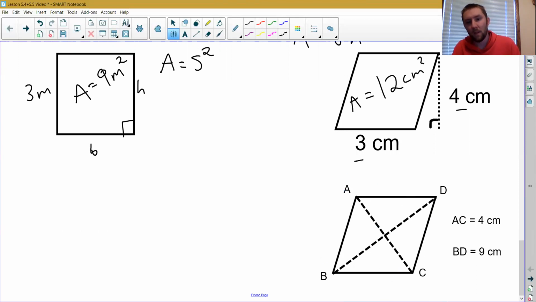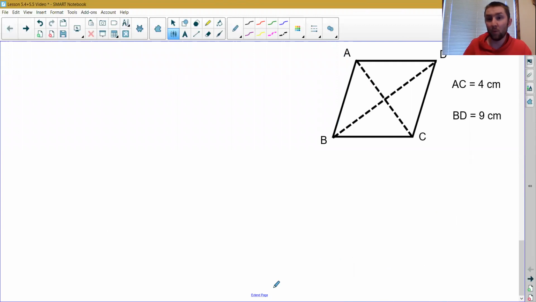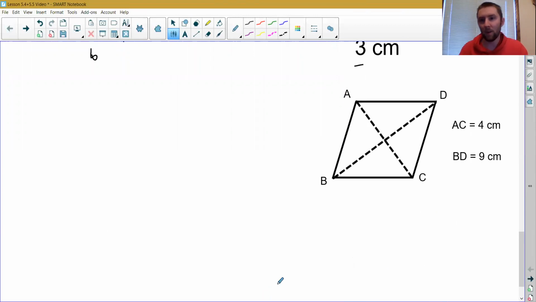Now, this actually also works with kites, but we're not going to talk about that in this video, or it's not going to be in your homework. The formula for the area when you know the two diagonal lengths, I'm going to say lowercase d1 and lowercase d2. That denotes diagonal 1 and diagonal 2, but it doesn't matter really which one is which.